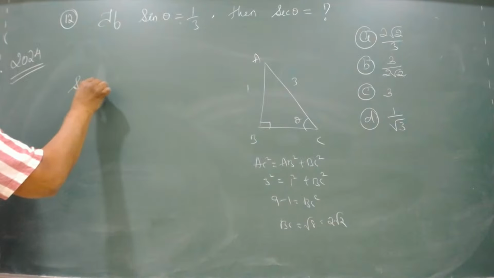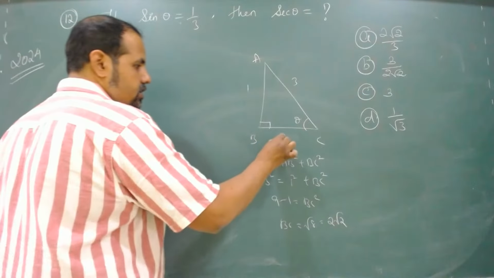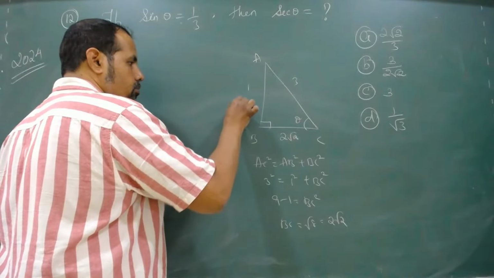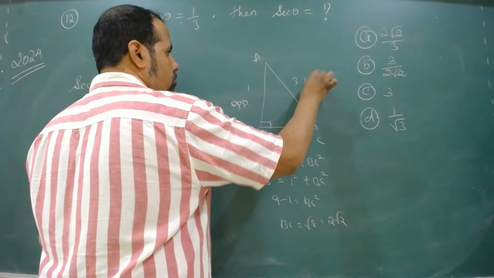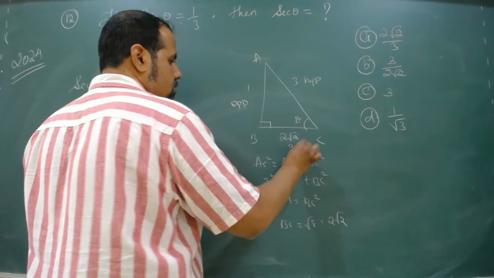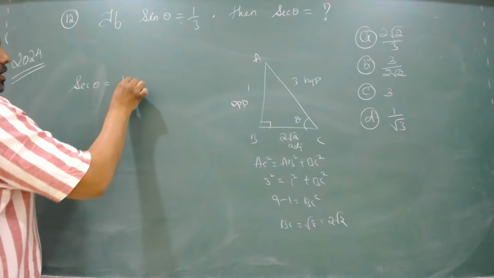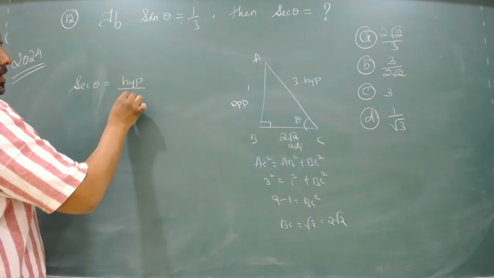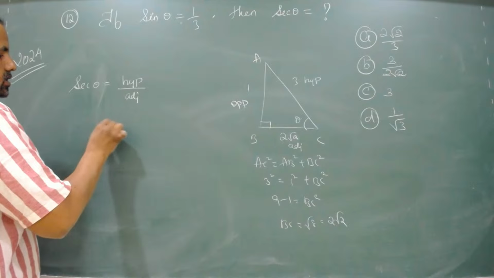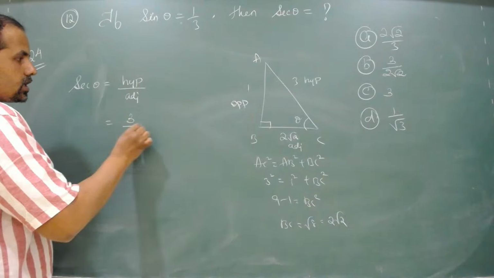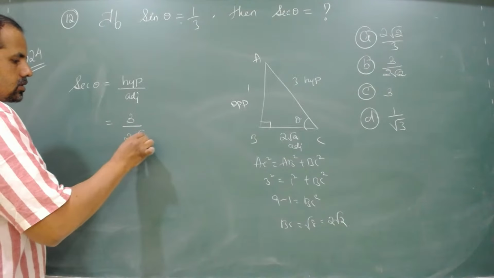Sec theta, okay, let me just mention it as opposite, hypotenuse, adjacent. Sec theta is nothing but hypotenuse by adjacent. Hypotenuse is 3, adjacent is 2 root 2.